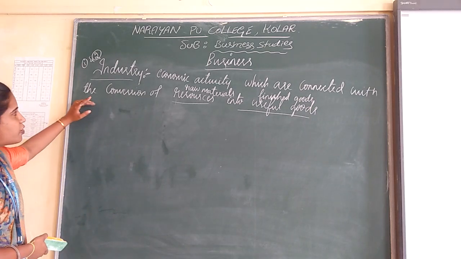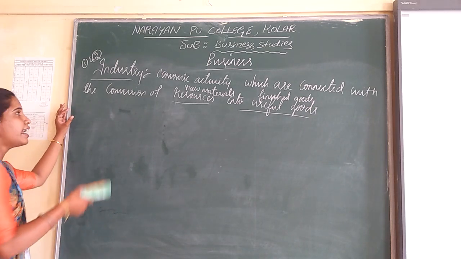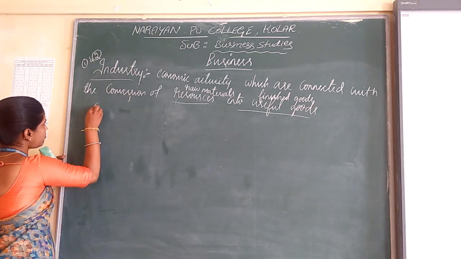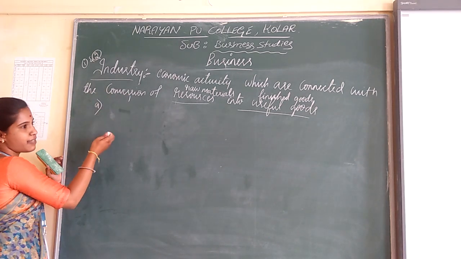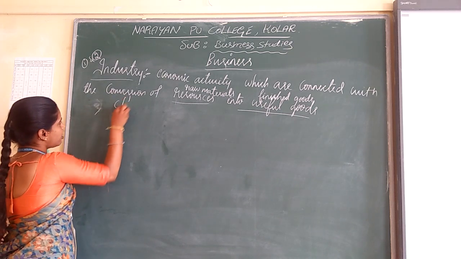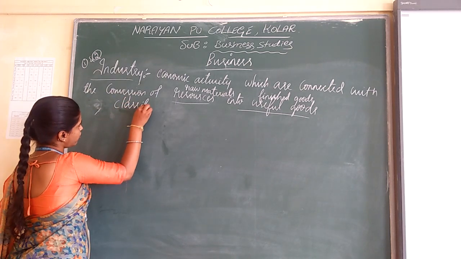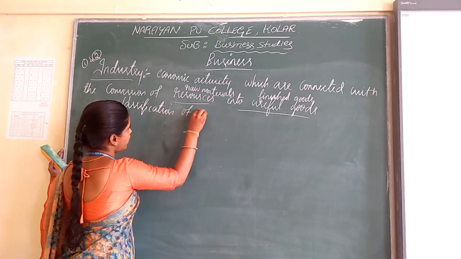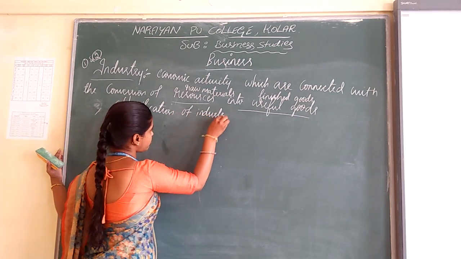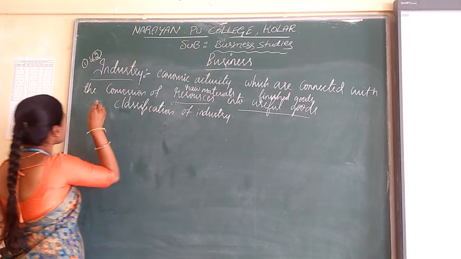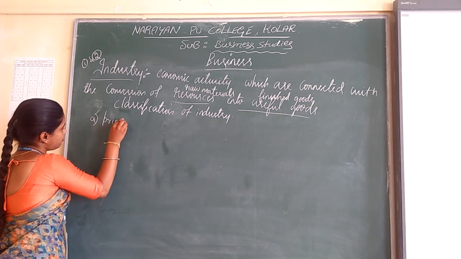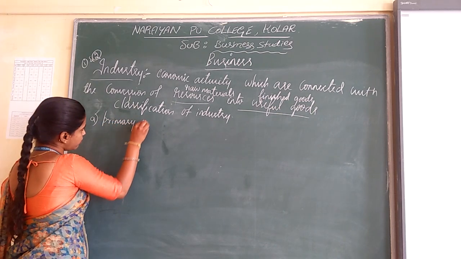And now let's move to the classification of industry. The first one is primary industry.